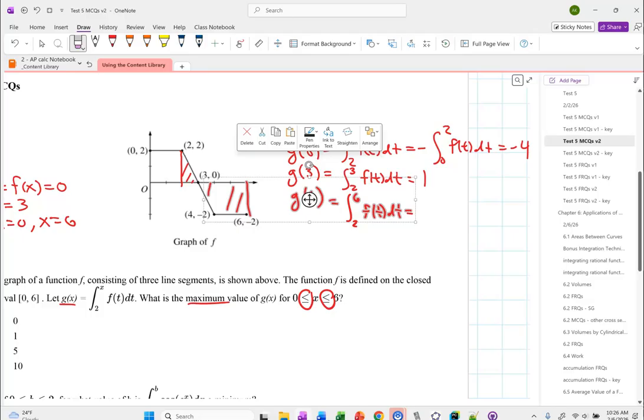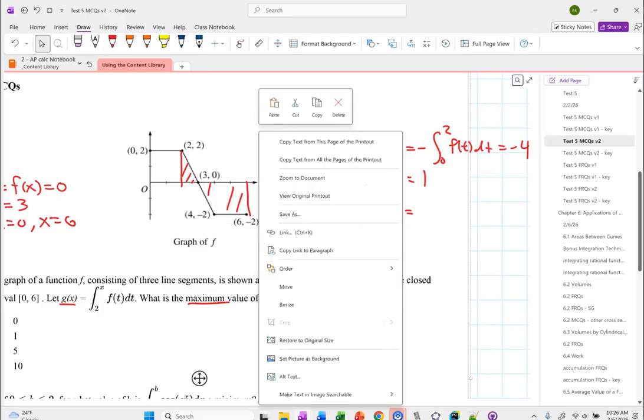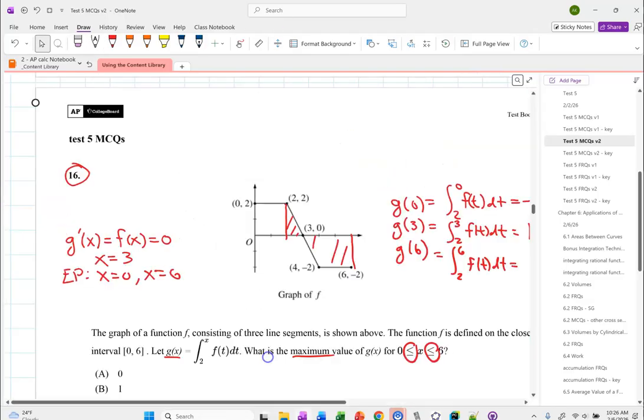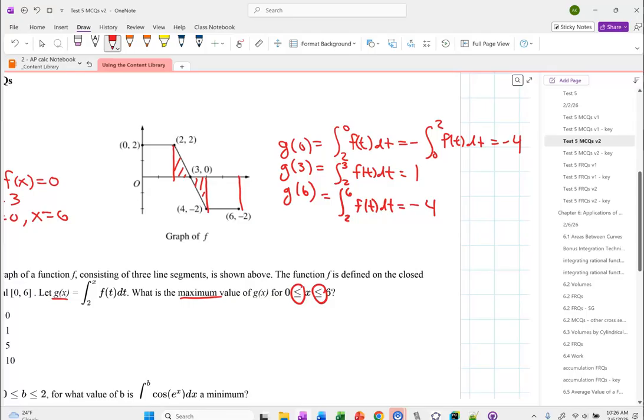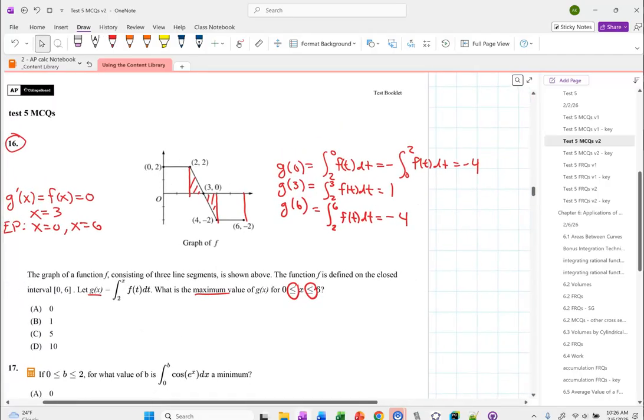Now I noticed that those two sections are going to cancel each other out, right? So I'm just left with this piece below the x-axis, which is -4 also. So which one of these is our maximum value?